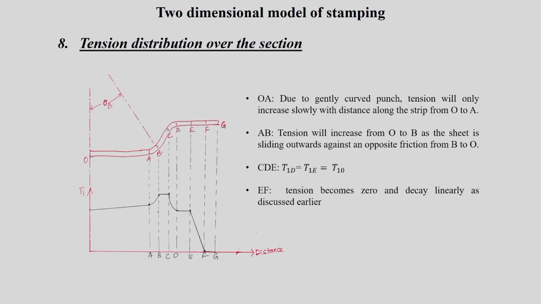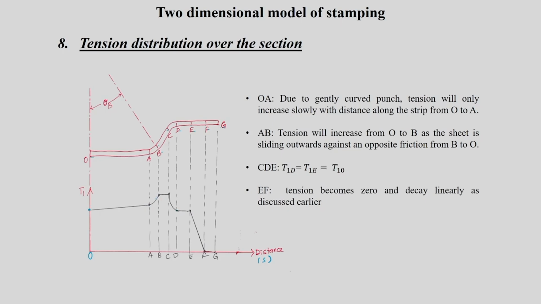Okay, so now in this you will see that this is the point O. And in this entire section I am drawing a plot between T1 and distance, let us call it S. So you will see that at the particular point O, you have some tension T1 which can be calculated from the previous equation, and at A there is some slight increase, and in the corner there will be a significant increase, and in BC there is a constant value, and CD is going to follow similar to what is given between A and B, and is going to somehow reach almost the same as this particular point.